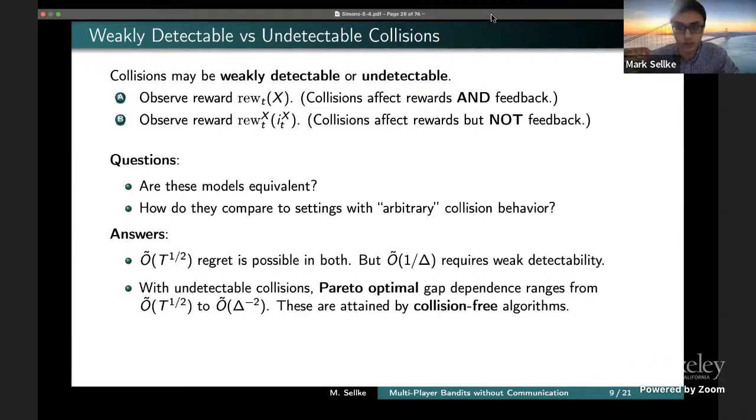So they'll also solve the case you're proposing. Great, thank you. Yeah. So that's exactly the kind of thing that you might have in mind. You can have a malicious adversary that does something really weird when there's a collision. And if you have an algorithm that never collides at all, then you solve that case also. But it's maybe surprising that just saying that collisions don't affect your feedback is just as hard in terms of the optimal regret bounds.